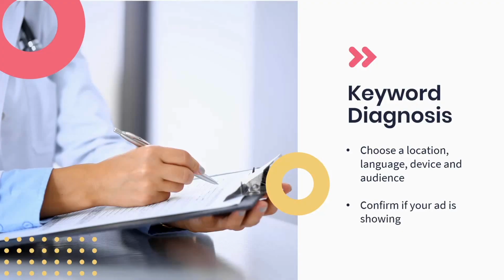This is a good thing to check when you see a drop in impressions and overall as an account health check. Also, when it comes to those statuses that we just went through, so for low search volume and below first page bid, the keyword diagnosis can actually tell you whether the ad is still running, regardless of those statuses. Sometimes Google can contradict itself, so it is always just good to check with a tool like this.